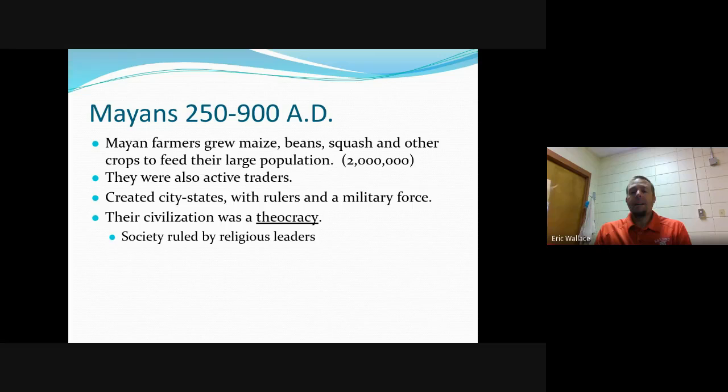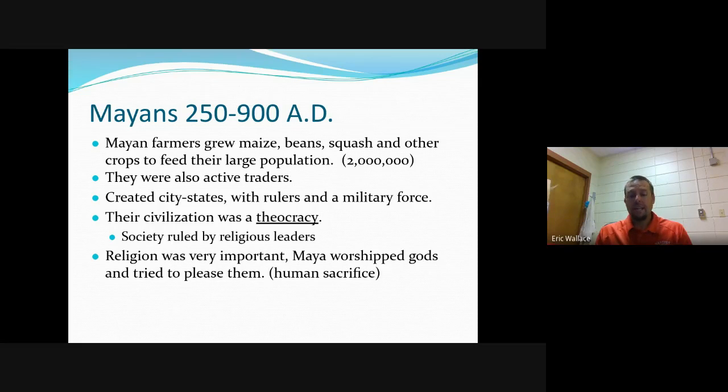The Mayans believed that everything in nature was some sort of god, and so that's what they worshipped: the sun, the moon, the stars. They worshipped all these things. They believed that it was very important to sacrifice to these gods, and I don't mean offering fruits and vegetables. They offered humans.